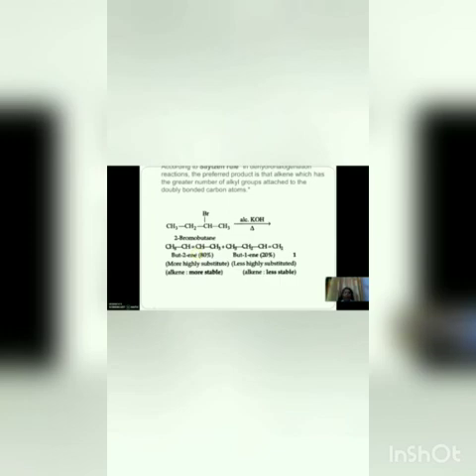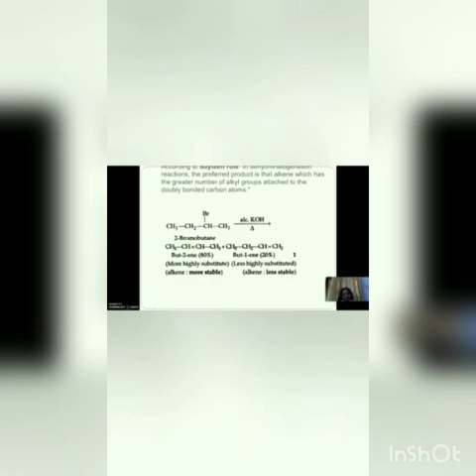Why? Because it is more stable. Why it is more stable means, the carbocation formed here will be more stable, it can form more resonance structures, thus it will be more stable. According to the Saytzeff rule, if we check this double bond, an ethyl group is attached to this double bond carbon.